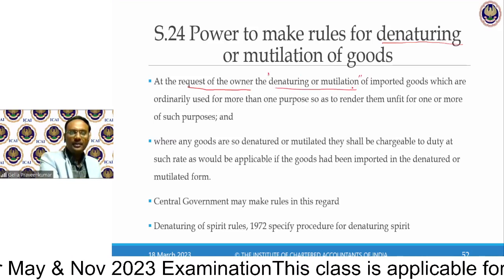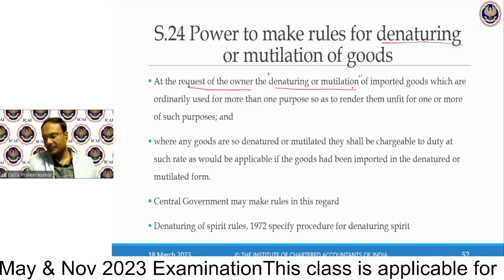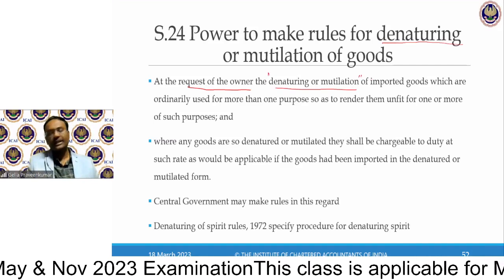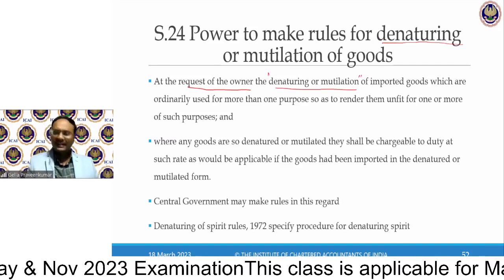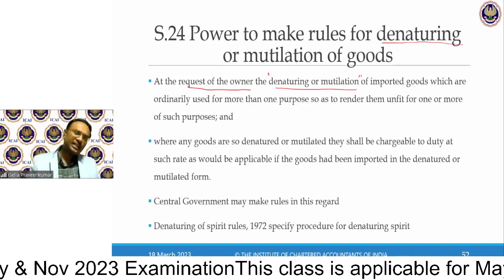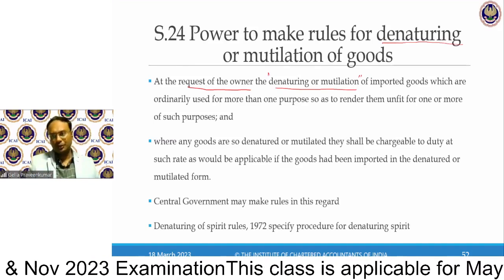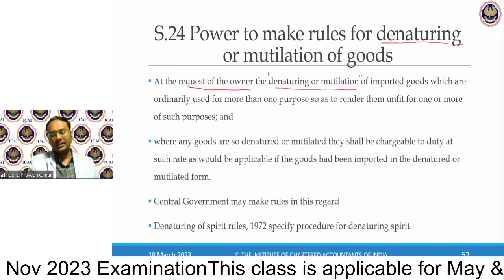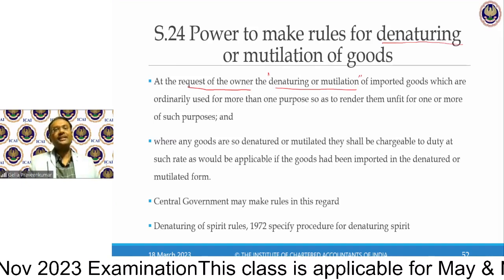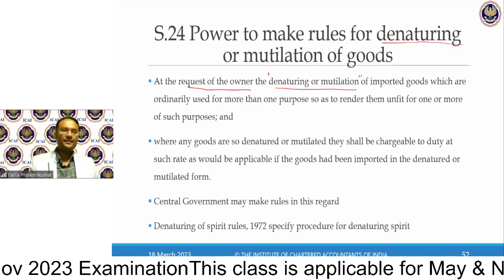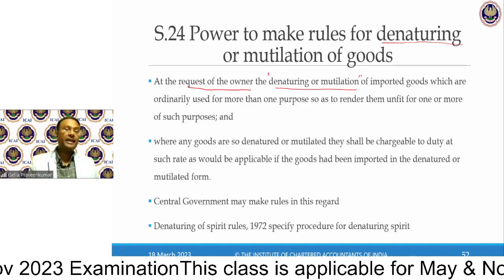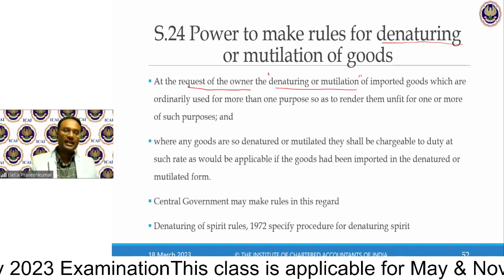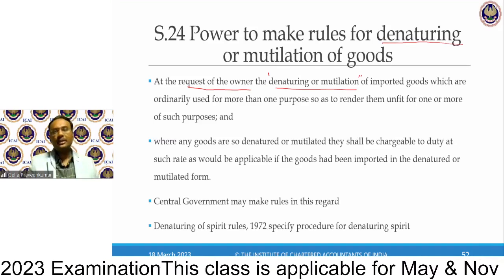Example, say sugar. Now, when I say sugar, you have normal sugar, and you could have a narcotic drug substance. If I have imported a sugar which is a substance of narcotic drugs, you can imagine the impact of these drugs, which are generally called Schedule H drugs.